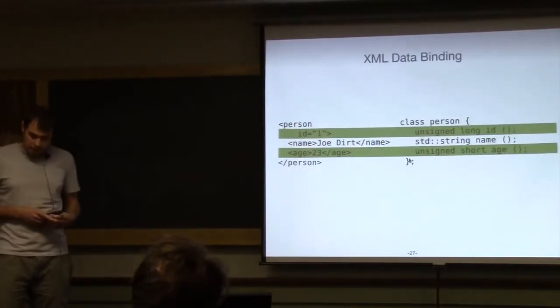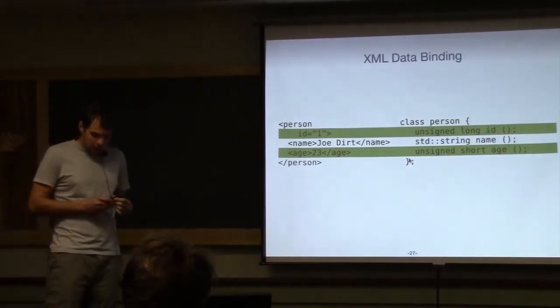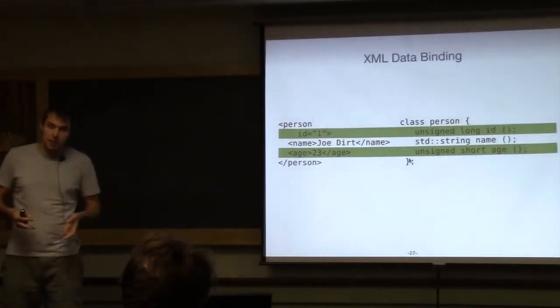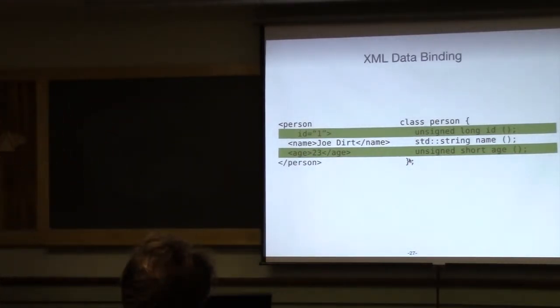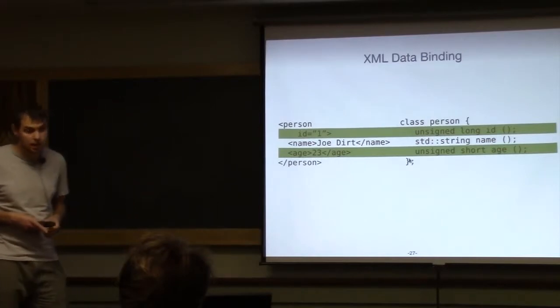Well, the best XML API is the one that you don't have to use, right? And that's exactly what XML data binding tries to achieve. Instead of making you deal with elements, attributes, and text, XML data binding goes directly from XML documents to C++ classes.